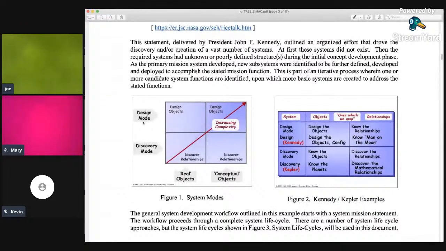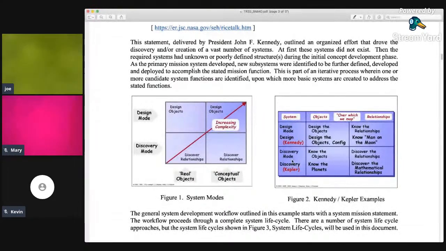So in design mode, you know the relationship, you know your mission function, you know what you want to have happen. What you have to do is design the objects and the processes and methods to create that relationship.